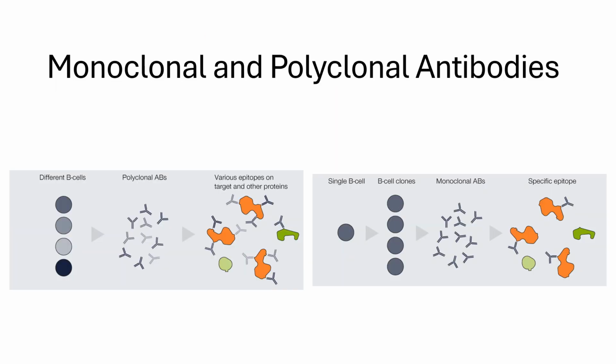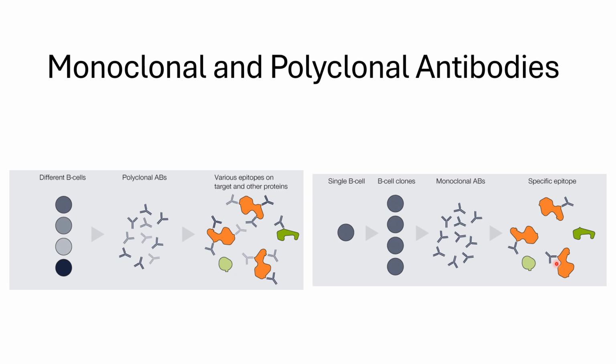Differences between monoclonal and polyclonal antibodies. Monoclonal antibodies are produced by the clones of a single B cell. They are completely identical and recognize and bind the same epitope.